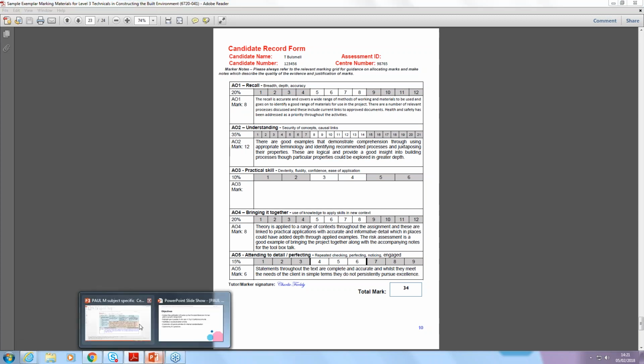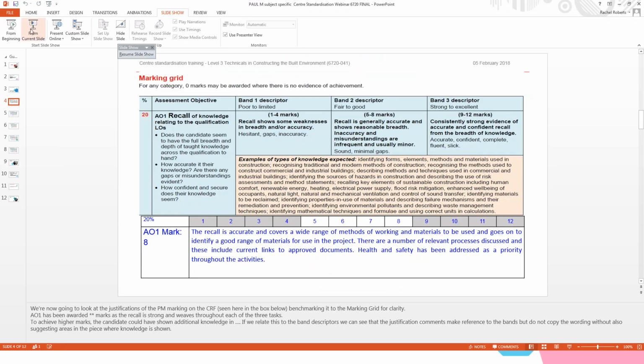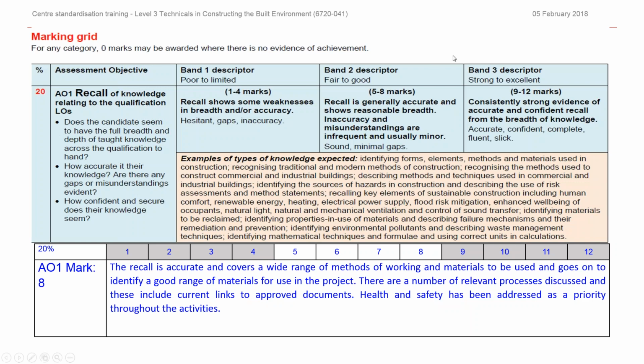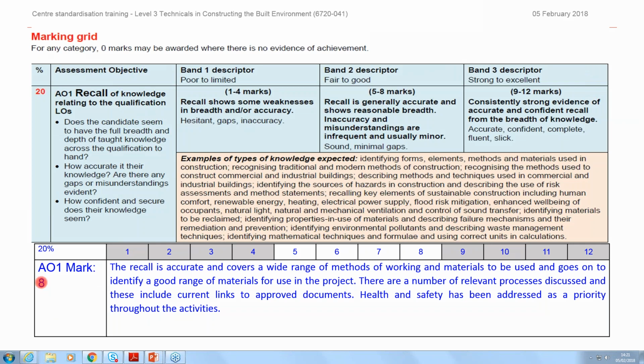Moving on to the presentation. Okay. So we're looking at the justifications now of the marking. If we look at the comments that are made in blue at the bottom, I think when we were talking at lunchtime about the process of going through this, Rachel used a really good term.